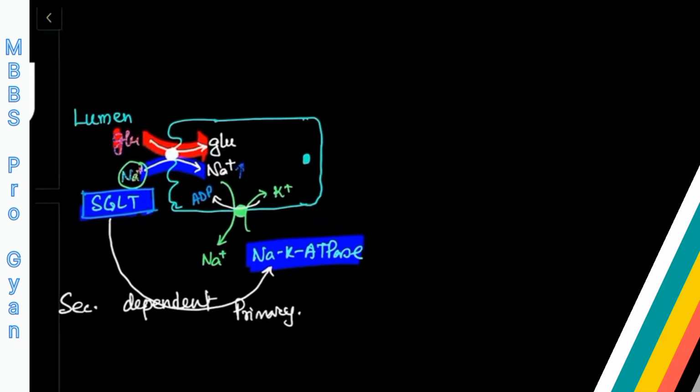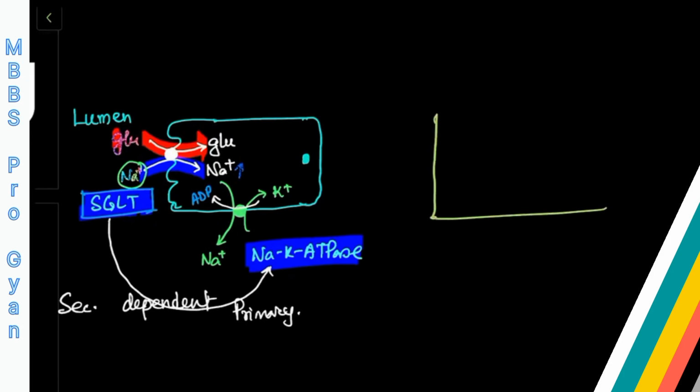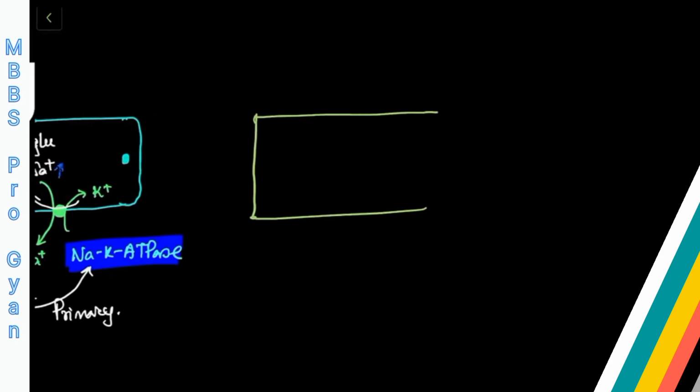Now again we will take another example: the sodium calcium exchanger. So I am drawing another cell here. This is typical of a myocardial cell, where calcium enters the cell during the action potential, and this calcium causes contraction.